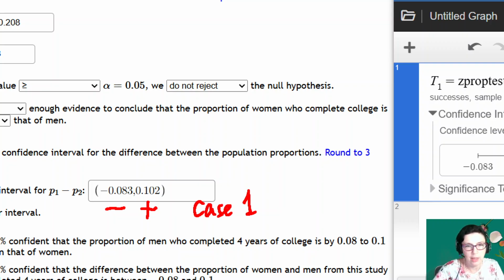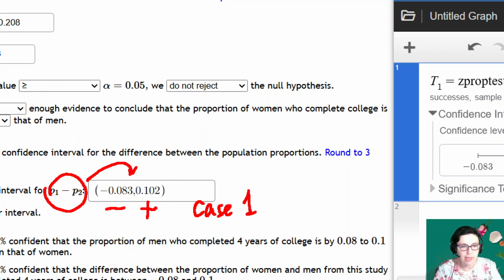What does that mean? It means that the difference between two proportions is somewhere on this interval, but since we do not know where, it could be the negative side or the positive side, it could even be 0. It is not statistically significant. You do not really know whether P1 is more than P2 or less than P2 or maybe even equal. So you have no idea.